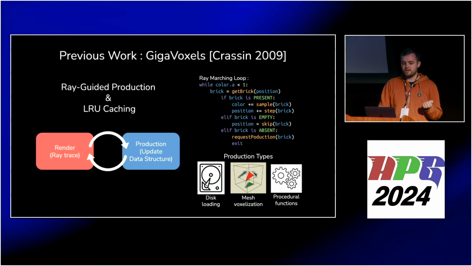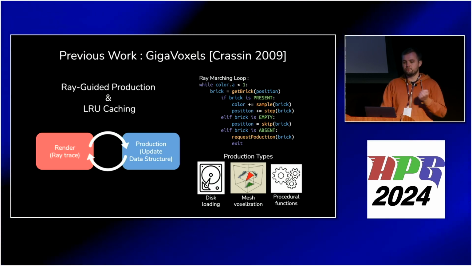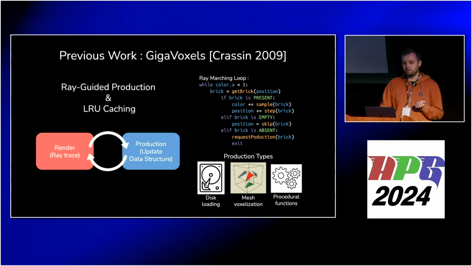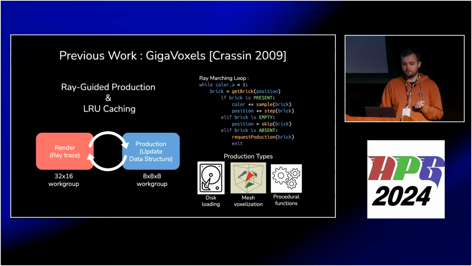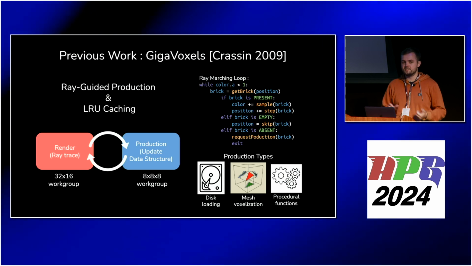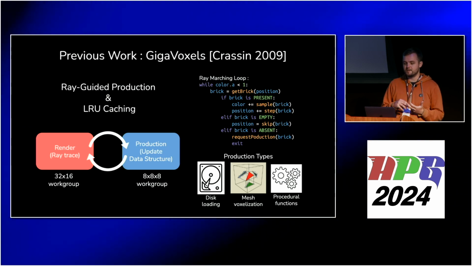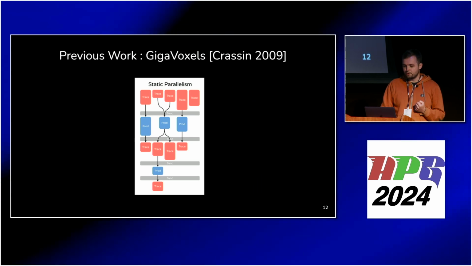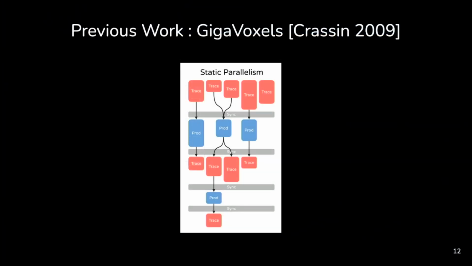So we have two tasks, render and production. Both of them can be done in parallel, but they operate on different domains, one on screen space tiles and the other on bricks. So it is not that straightforward to map onto a SIMD machine like a GPU. And so here is how GigaVoxels works.